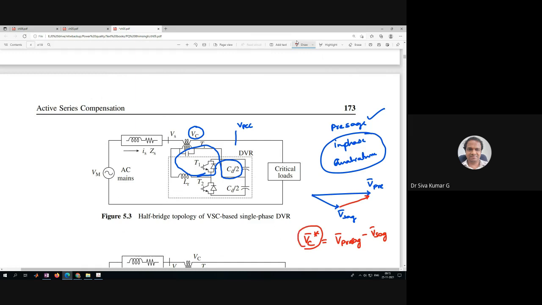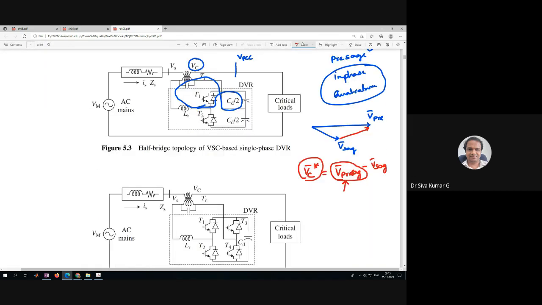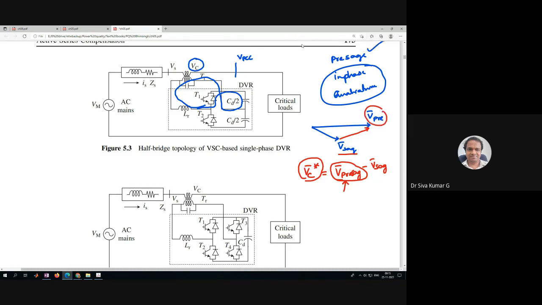Straight away we get it. The only thing is we need to know the pre-sag voltage. We require a storage system for storing the pre-sag voltage, because when there is a fault we do not have this information. But we should know what the pre-sag voltage was before the fault occurred. In that case, it is possible.